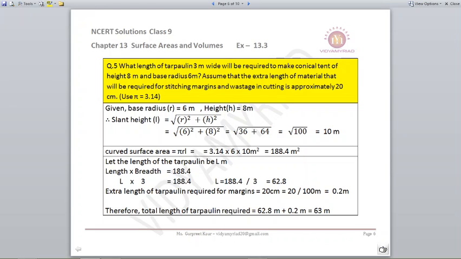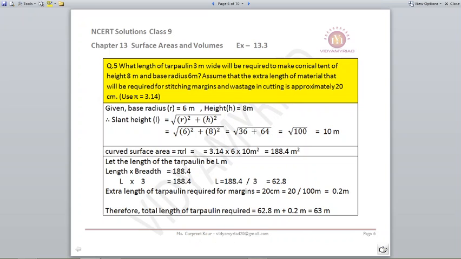Now one step is over here. We need to find out the length of tarpaulin, which is 3 meters wide. That means the breadth of that tarpaulin we already know, but we don't know the length. So let us assume the length be L meters. What is the area of the rectangle? Length into breadth is equal to the area. So that becomes L into 3 is equal to 188.4.